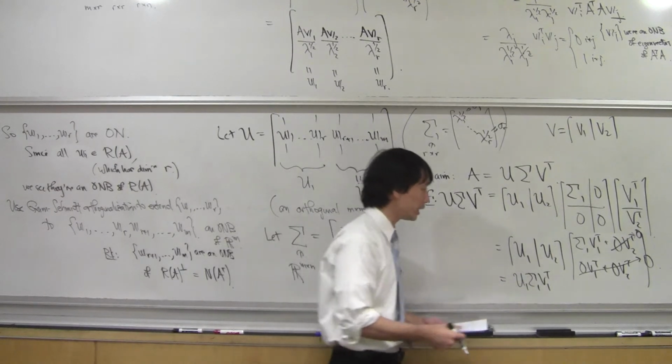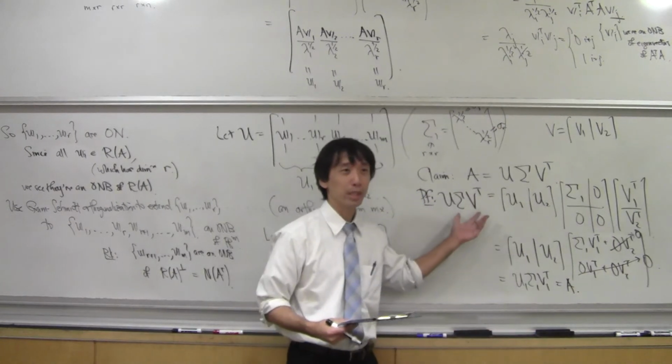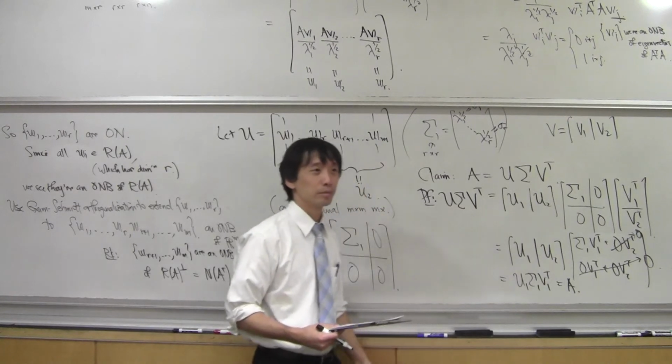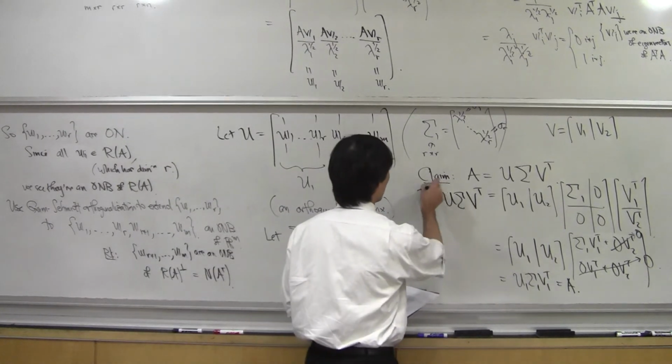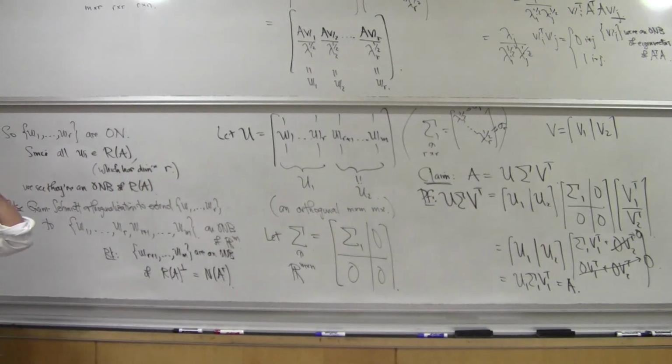That's a compact SVD, and so that equals A, right? So U sigma VT equals A. So we see that every matrix has a singular value decomposition.